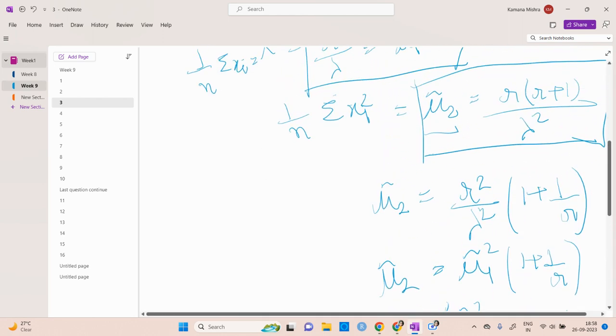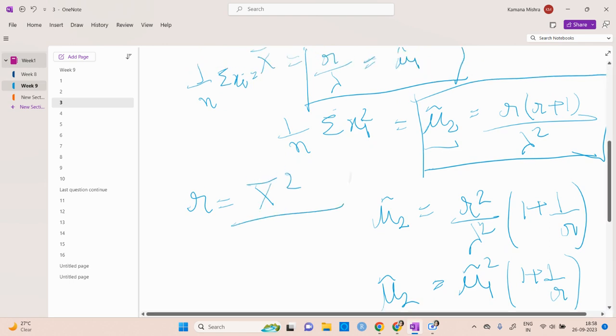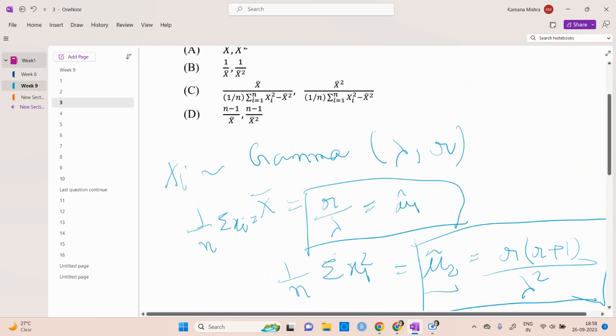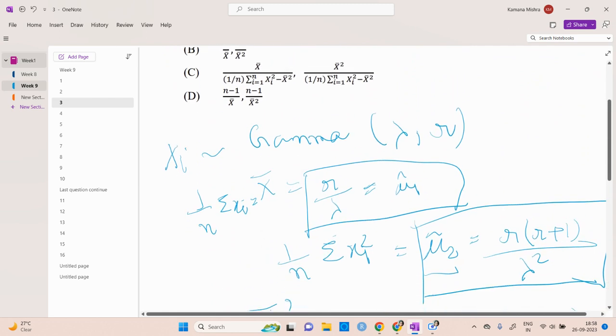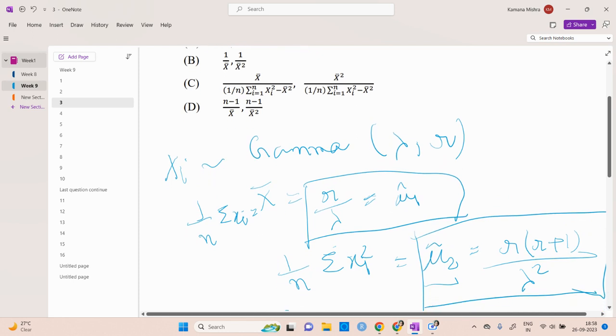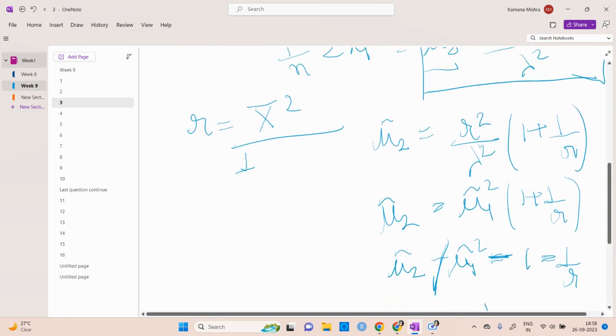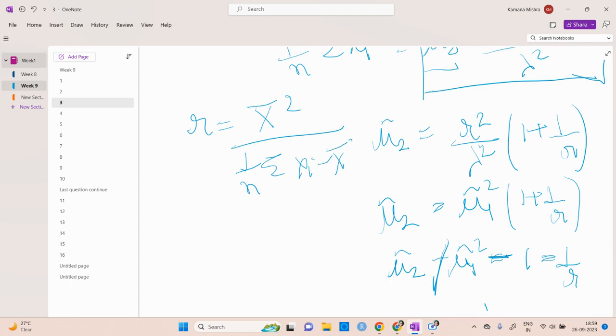So then we can write r as x bar square divided by the variance. How can we write the variance? We can write it as 1 upon n summation xi square minus x bar square.